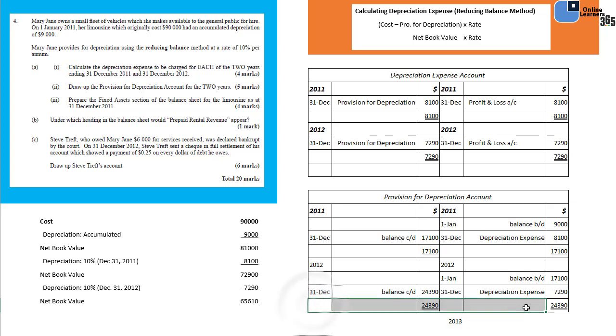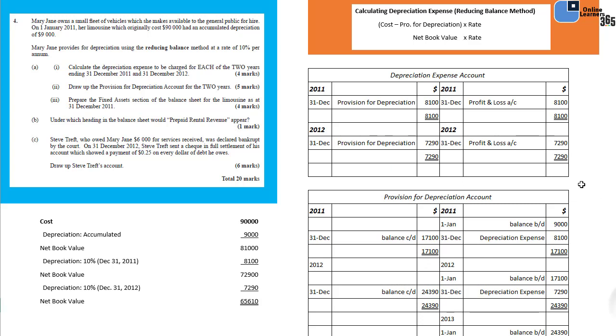2013. Balance brought down at the start of 2013, 24,390.